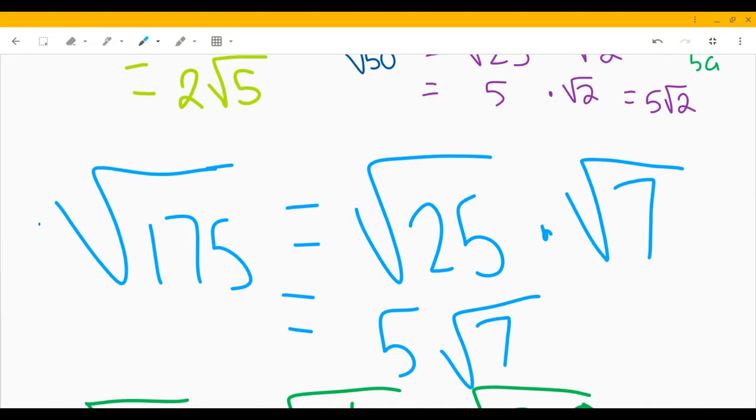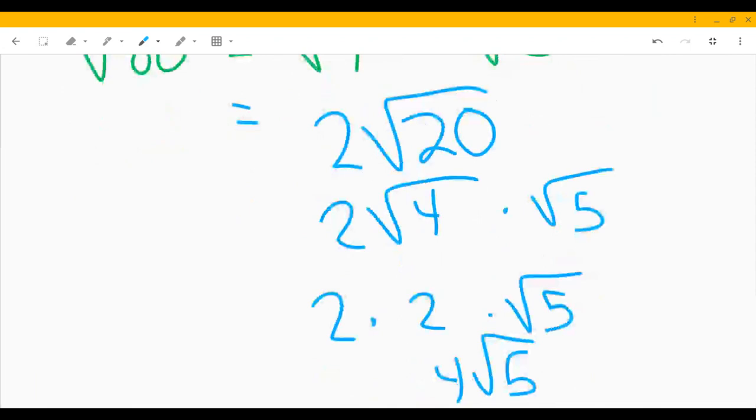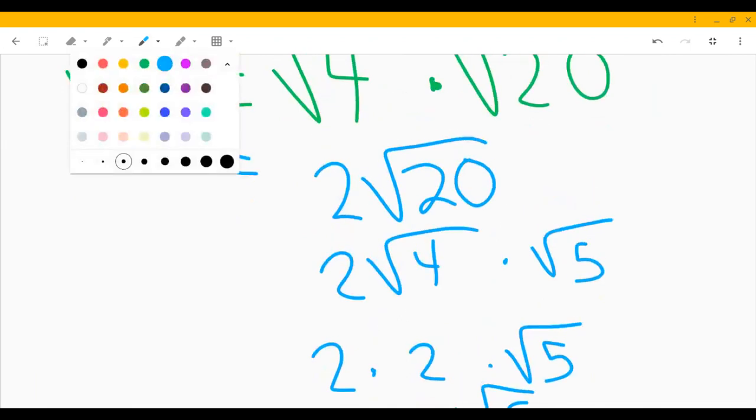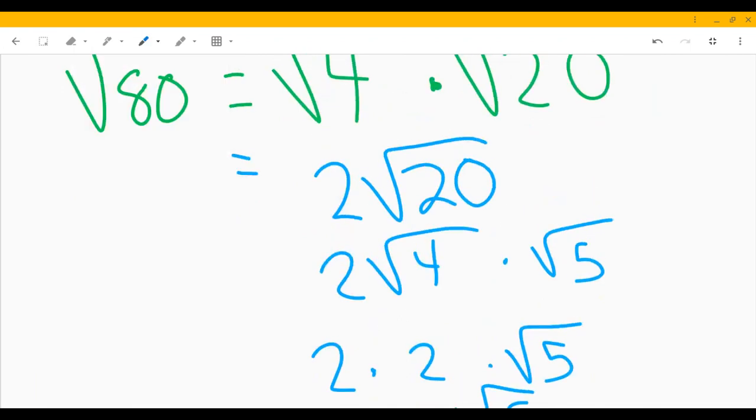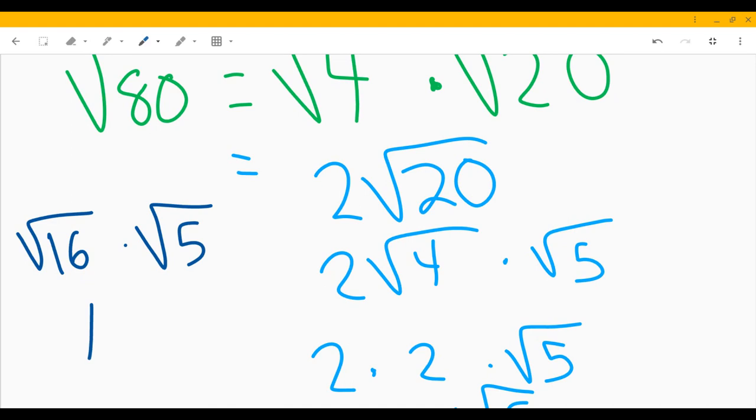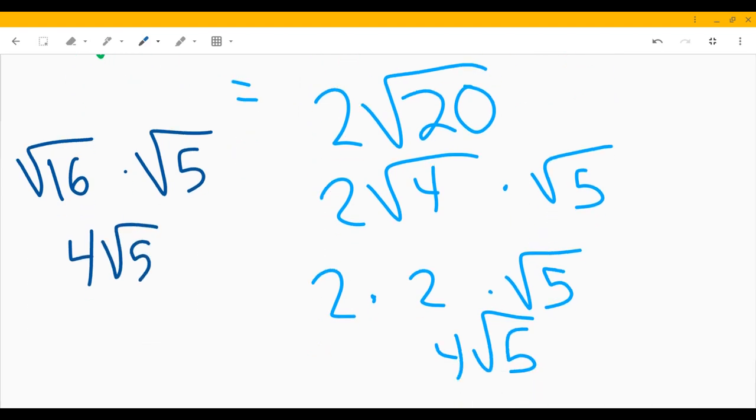If we look at 16, I know that the square root of 80 could also be written as the square root of 16 times the square root of 5, right? 16 times 5 gives us 80. And we know the square root of 16 gives us 4. So we still arrive at the same answer, 4 radical 5. But you'll see here we did a lot less work to arrive at that final answer.